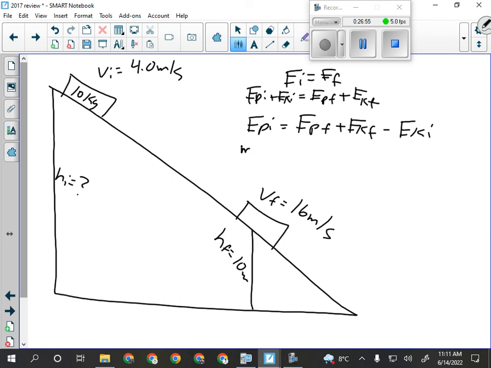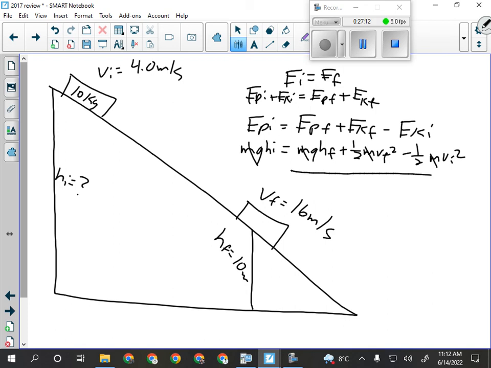And so we're going to have m times g times h initial equals m times g times h final plus 1/2 mv final squared minus 1/2 mv initial squared. M is in every term, so we can get rid of it, even though we were told what the mass was.